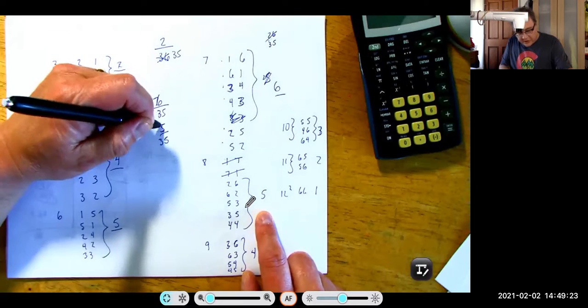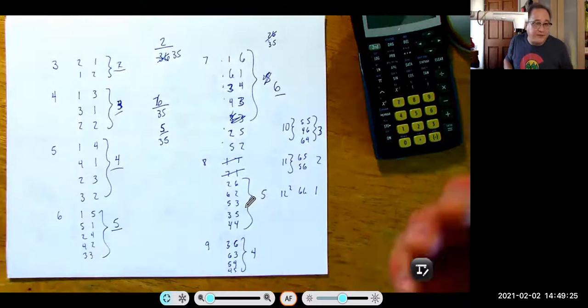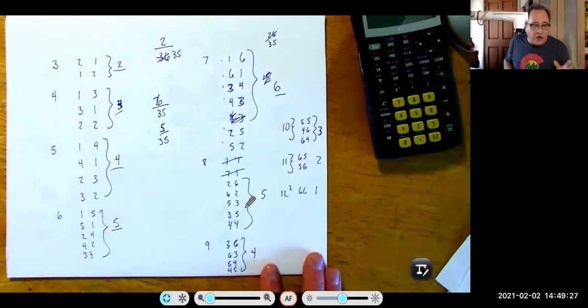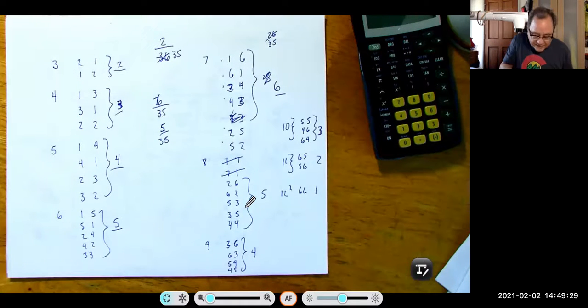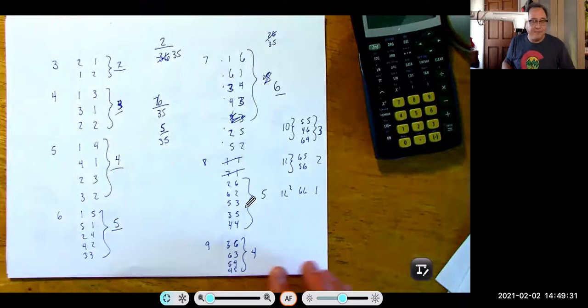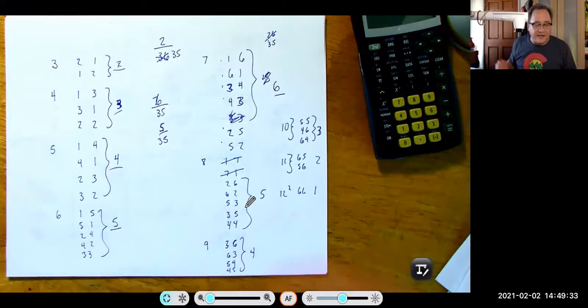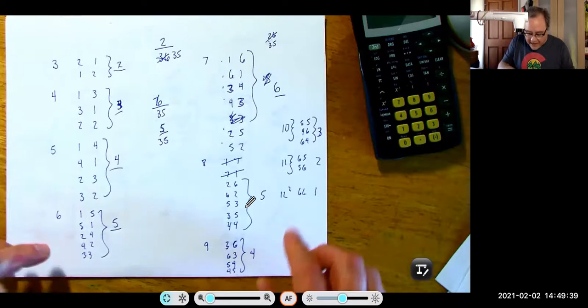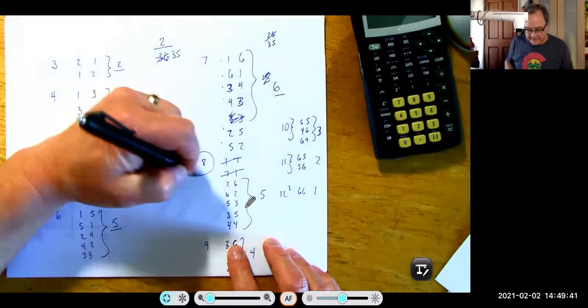So this is when you roll craps. Chances are you're not going to roll a 7. You only got a 6 out of 35 of rolling a 7. But if you roll a 7 out of the gate, they call it craps, you lose your hand. But if you roll an 8, that's the point.